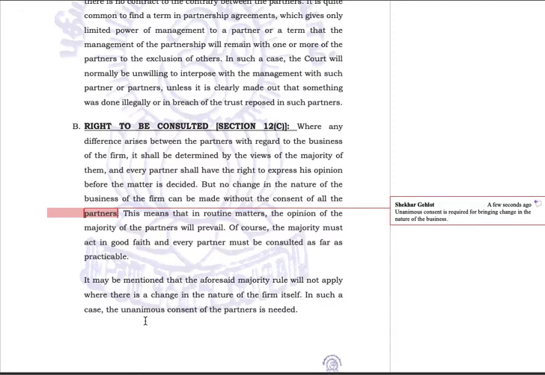In such a case, the unanimous consent of partners is needed. The majority rule shall not be applicable in such a case when you are trying to change the nature of business, okay, in single shot.